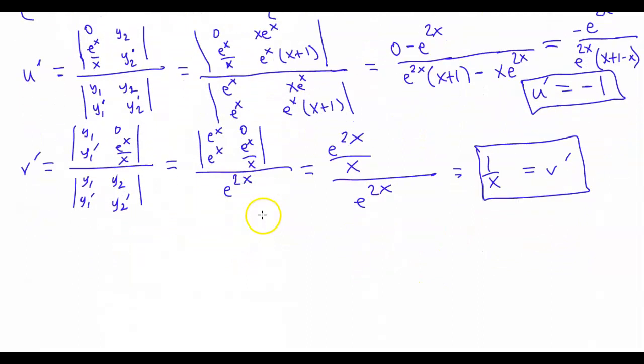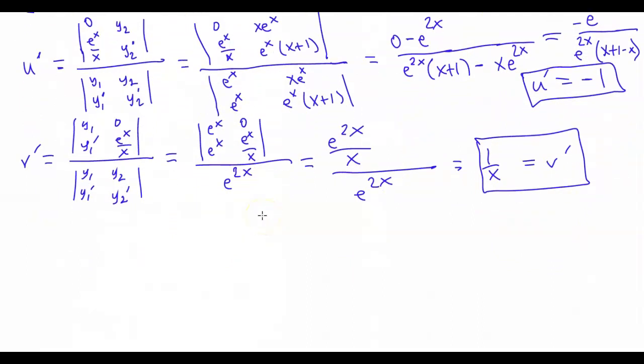So once we have what u prime and v prime are, all we have to do is find the antiderivative of both. Okay. So here our u is just going to be the antiderivative of u prime dx. V is just going to be the antiderivative of v prime dx. And when we do this, what we're really concerned about is just the root function here.